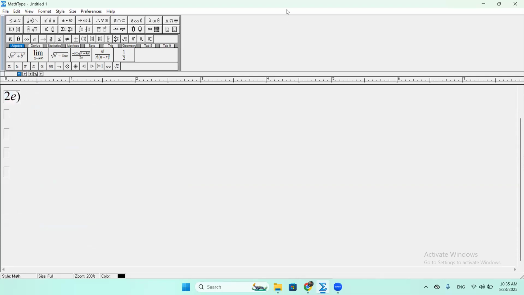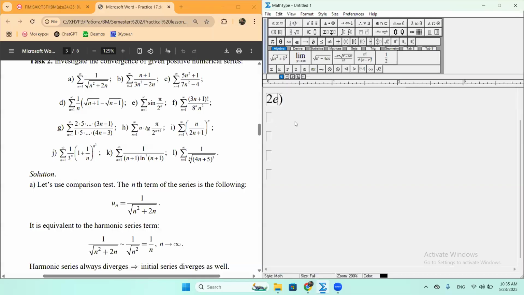So go into 2e. We have the following series, n from 1 to infinity. It can scare you, trigonometry: sine of pi in power divided by 2 in power of n.